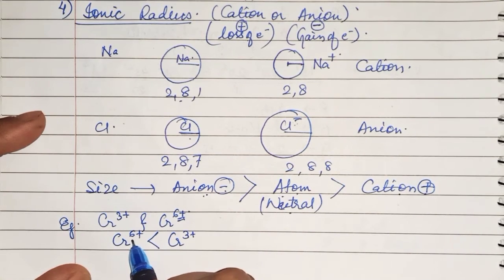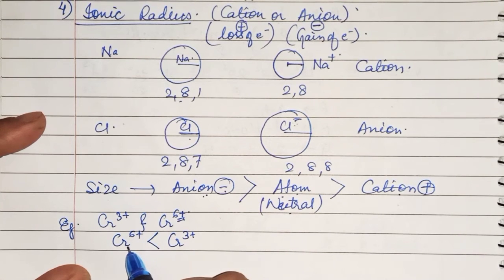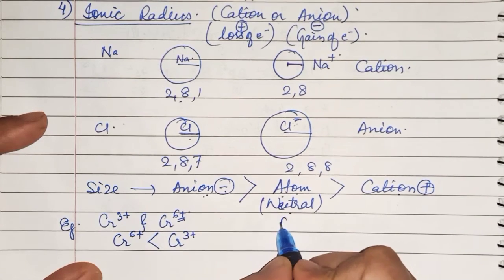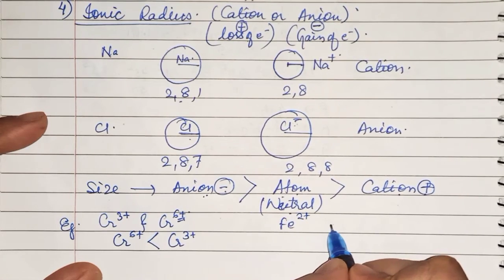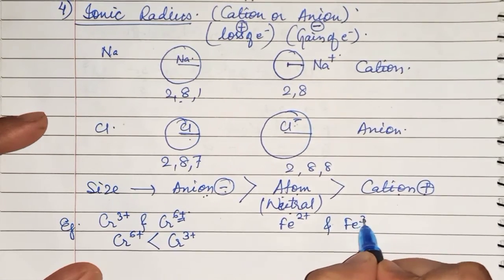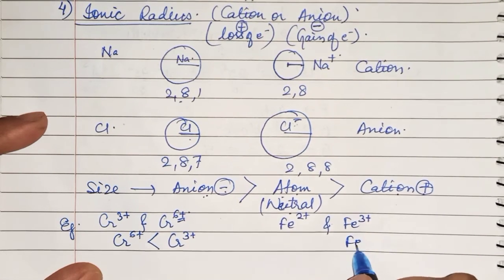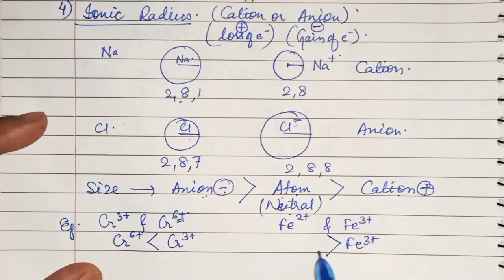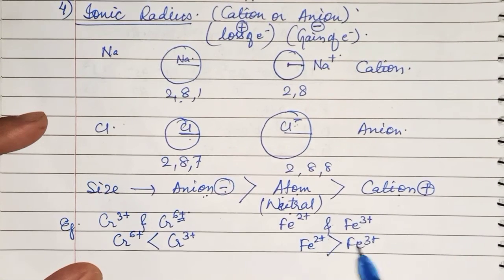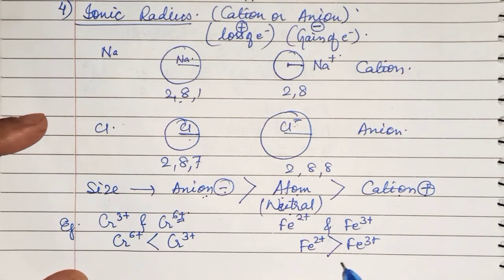The more plus charge, the smaller the ion is. Likewise, you can take Fe2 plus and Fe3 plus. More charge is here, so this will be smaller, and Fe2 plus will be larger than this. Okay, so like this you can conclude the ion size.